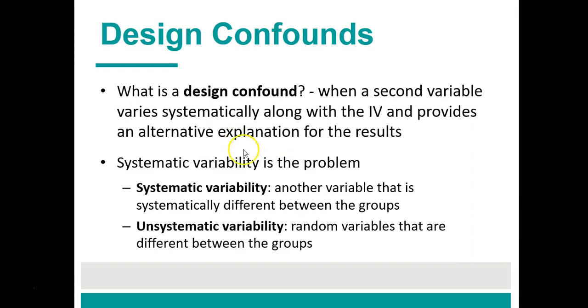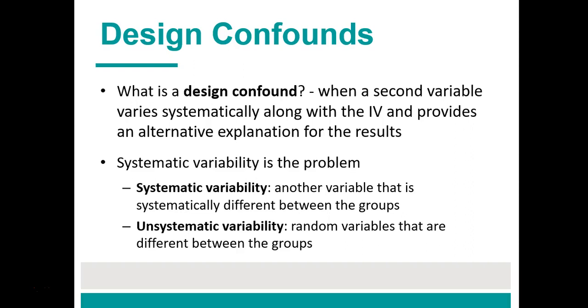And this could be, like I talked about before, if we do one test, the COPS group at 3 o'clock in the afternoon and the Barney group at 9 o'clock in the morning. Well, we have a confound there because we've got a difference in the design between the two groups, and we don't know if we see a difference in aggression, if it's due to one watching Cops or one watching Barney, or that they were tested at different times, right?